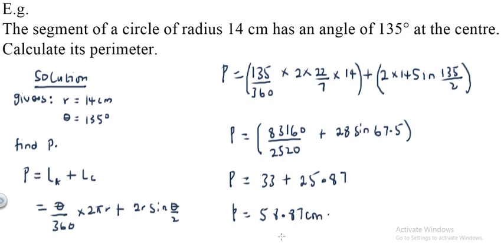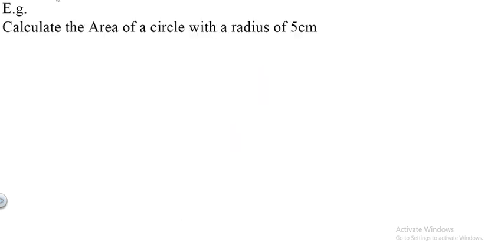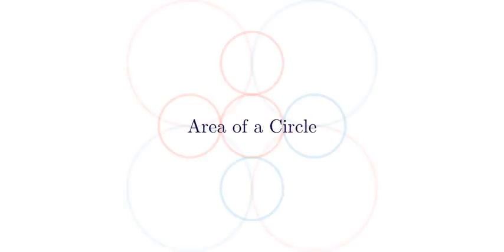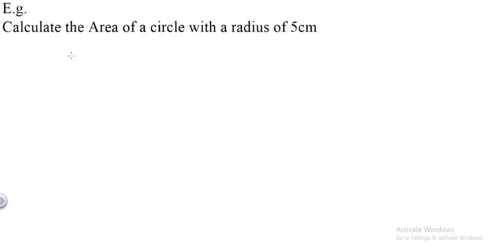The next topic we're going to look at is areas. Here we'll be talking about the area of a circle, segments, and sectors. First, we're talking about the area of the circle itself, but before we do that, I want to talk about the formula. If I have a circle, the area of the circle is simply the portion inside, all of it.